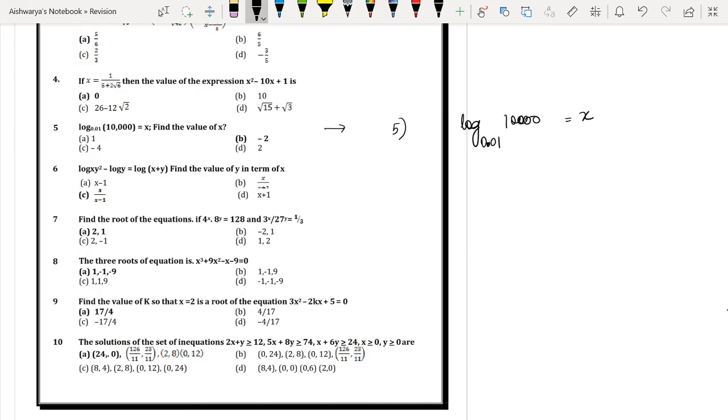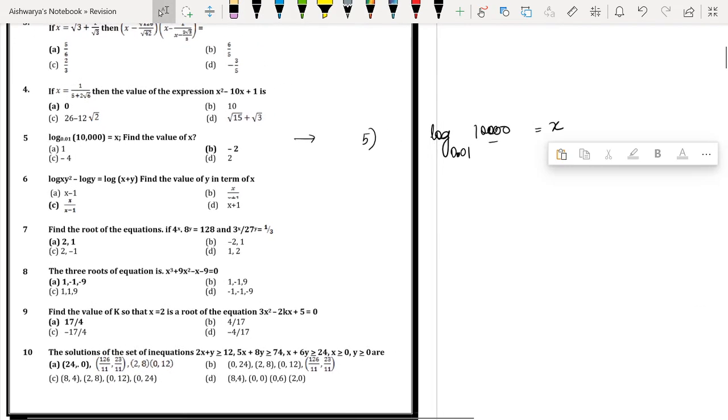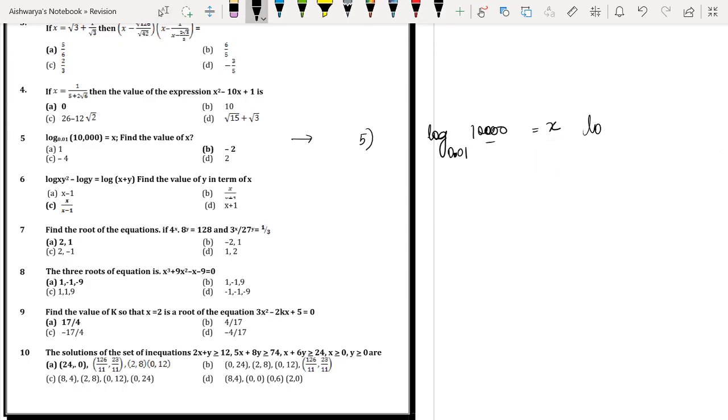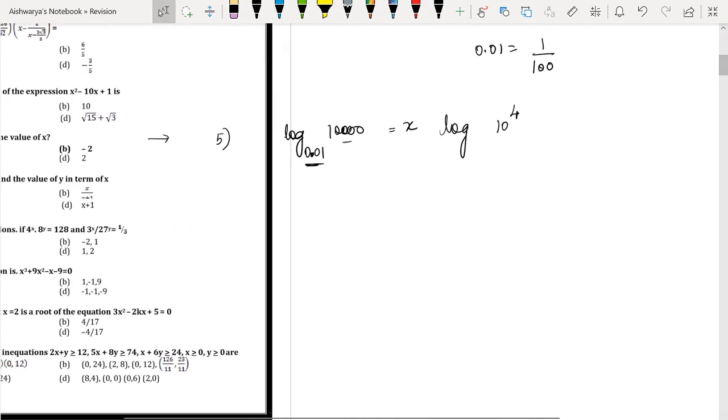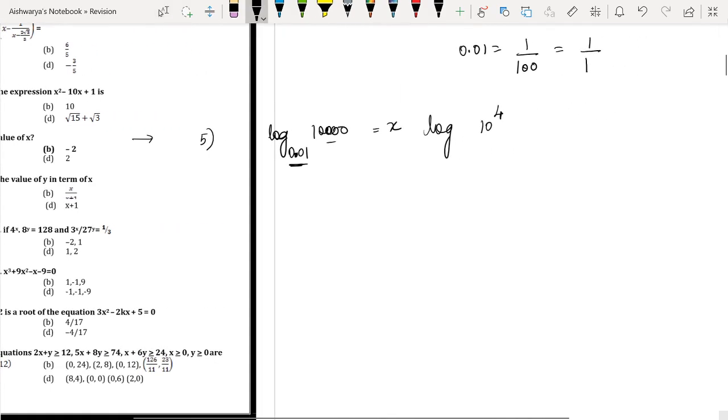So what you do, you write this in terms of 10. 10,000 is nothing but 10 power 4, four zeros, right? Now this base also you write in terms of 10. 0.01 is nothing but 1 divided by 100, or in other words, 1 by 10 square, or we can write it as 10 power minus 2.